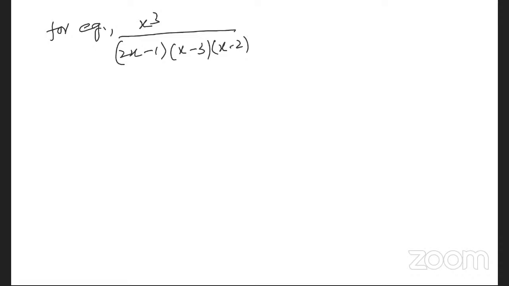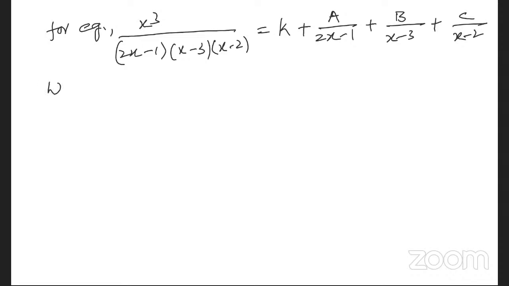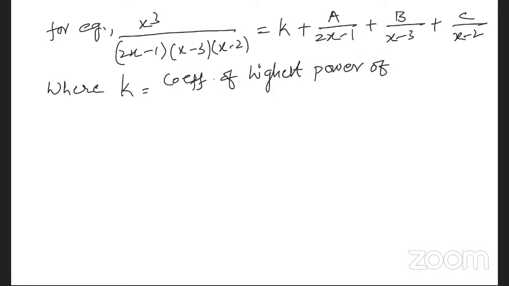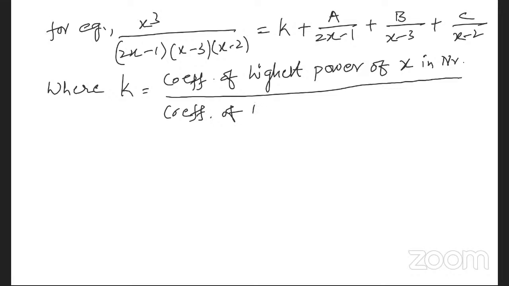This can be expressed as k plus a by (2x minus 1) plus b by (x minus 3) plus c by (x minus 2), where k is equal to the coefficient of the highest power of x in the numerator divided by the coefficient of the highest power of x in the denominator.